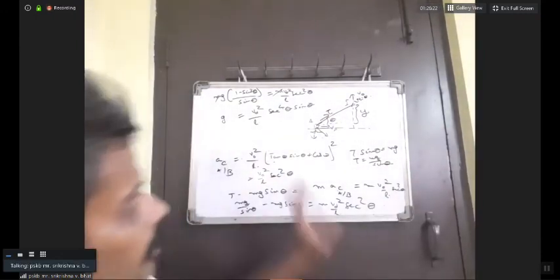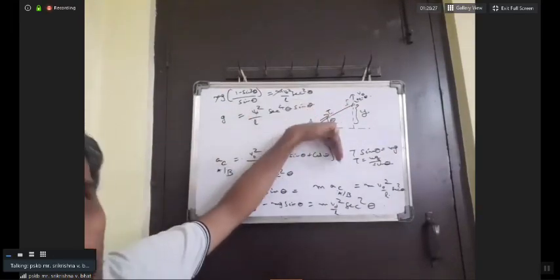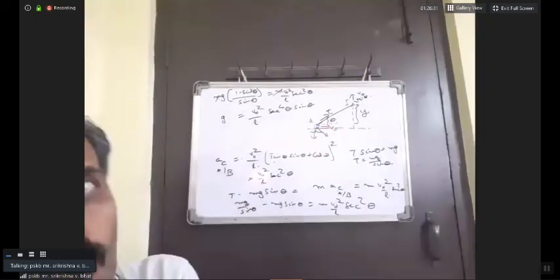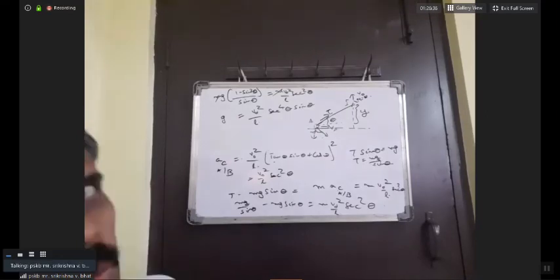Agreed. But the problem is that A has an acceleration with respect to B along the normal and also along the tangent, perpendicular to this. Whenever you're taking components, you have to take the components of both of them along the vertical and horizontal. And when you do that, you get 0.